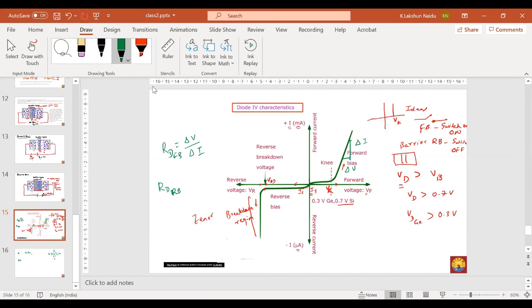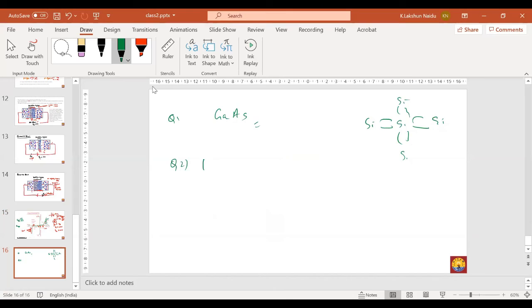I want you to find the values of resistance of the diode in forward bias and in reverse bias. What are the typical values? Did you understand the question? Is it clear? You have to find the value of resistance of the diode in the forward bias case and in the reverse bias case.